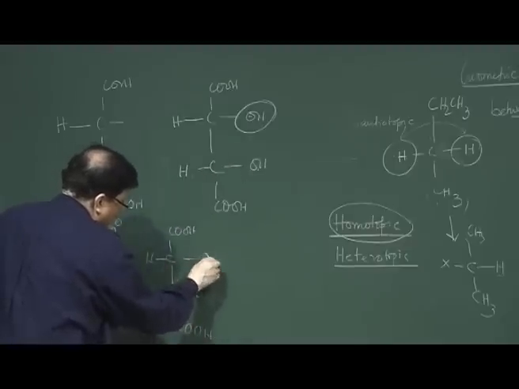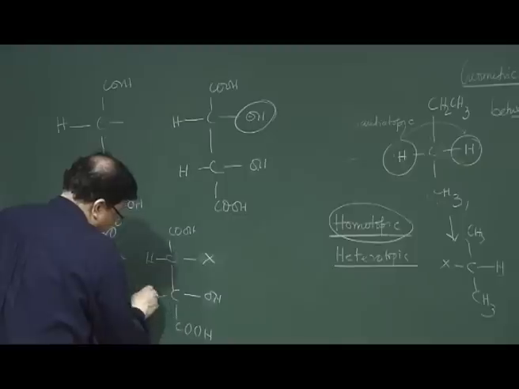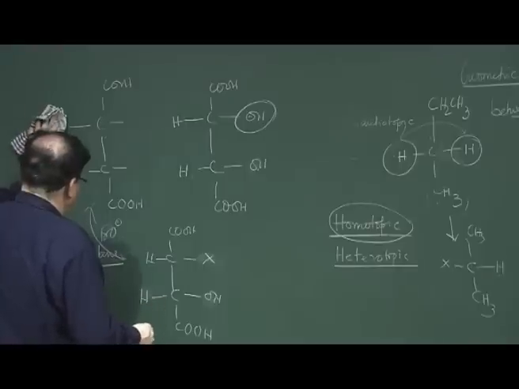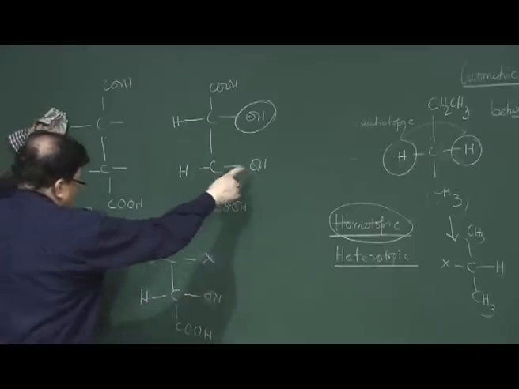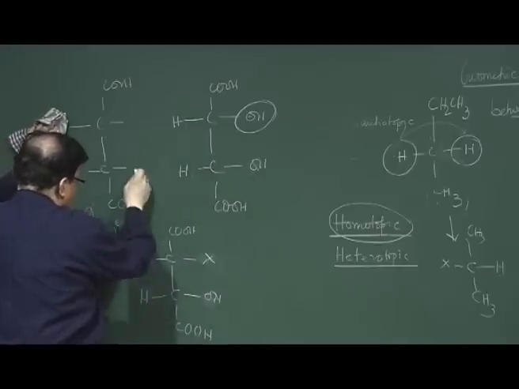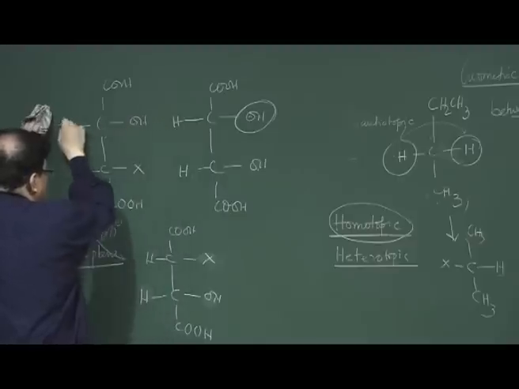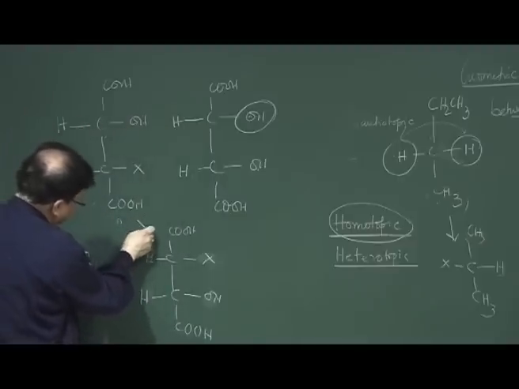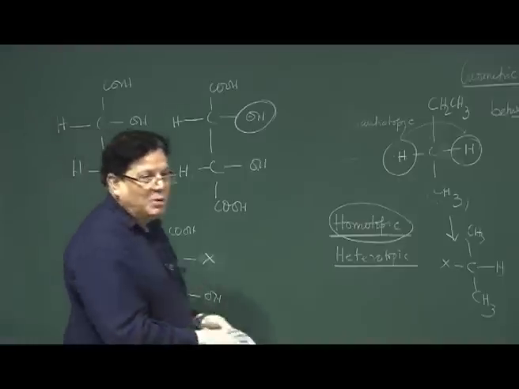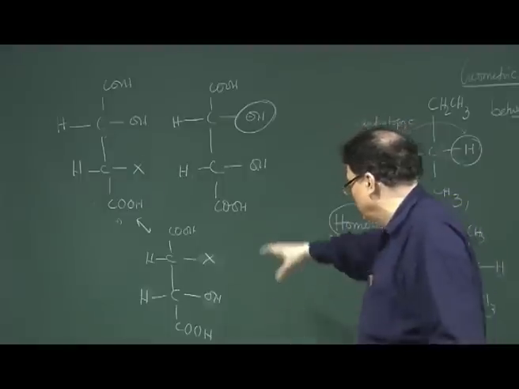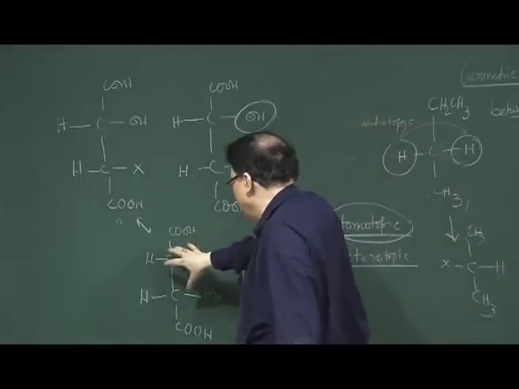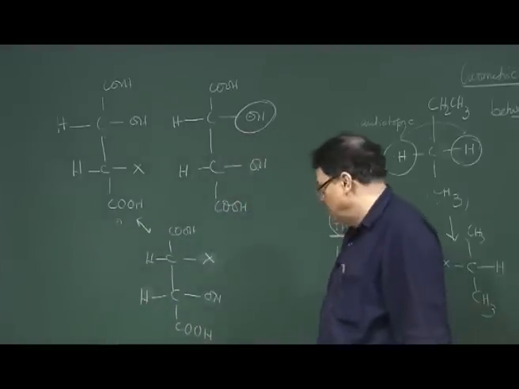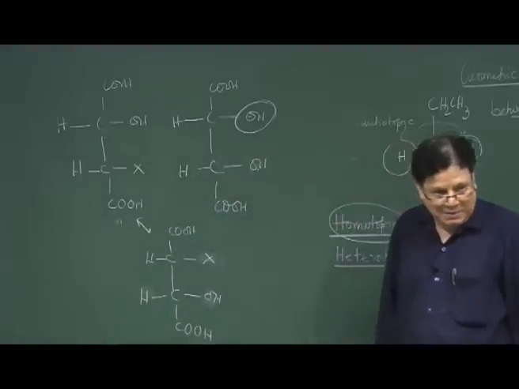So, you replace the top one by X, the bottom one remains there, and here you replace the bottom one by X, the top one remains there. Okay. Now, you check what is the relationship between these two. Now, you cannot actually interconvert them. See, if you rotate it by 180 degrees, X and OH go to the left side, but here X and OH are always on the right side.